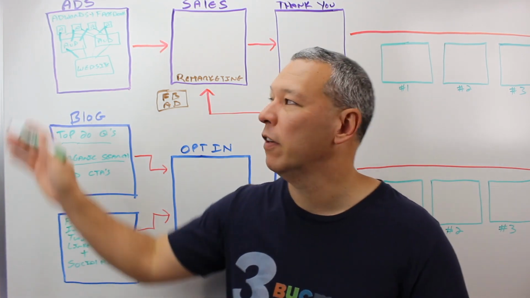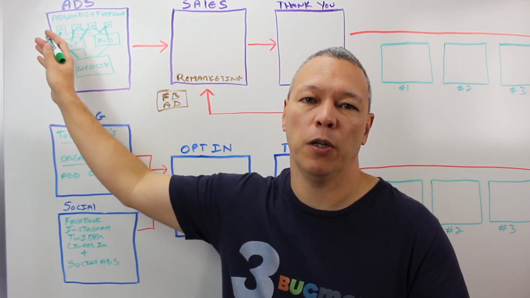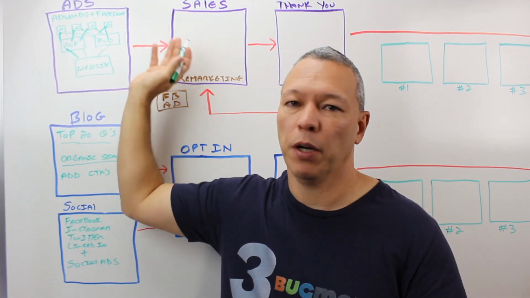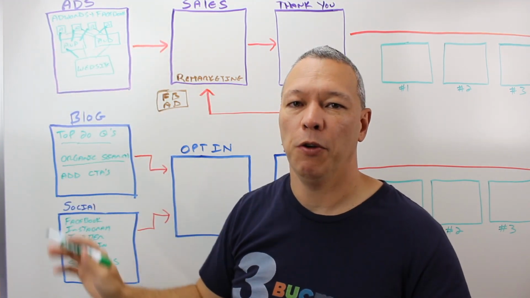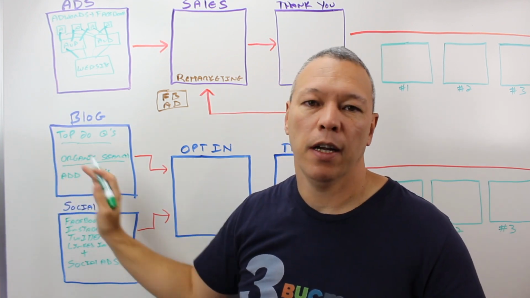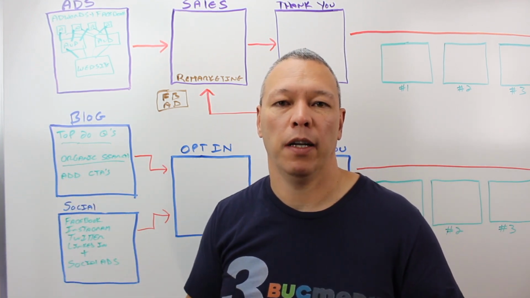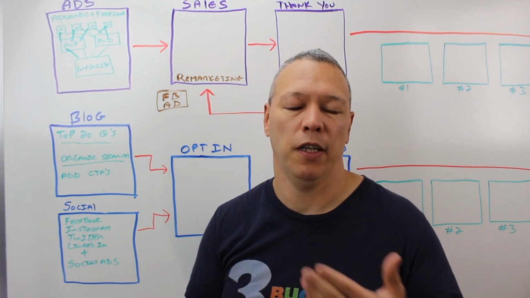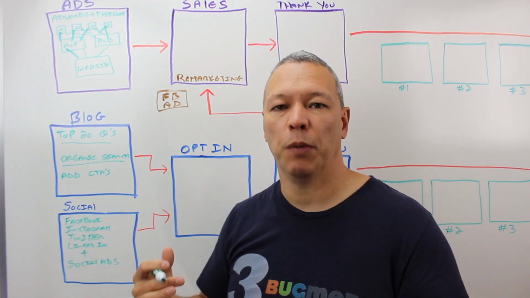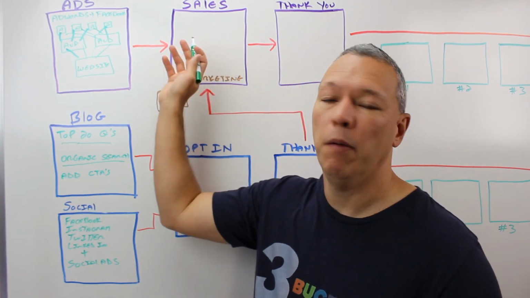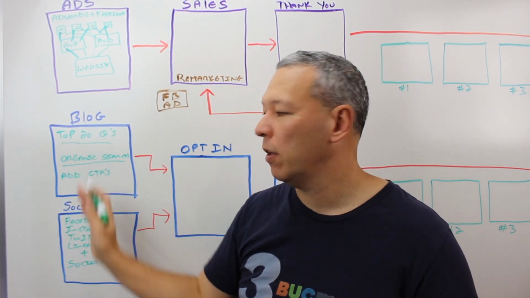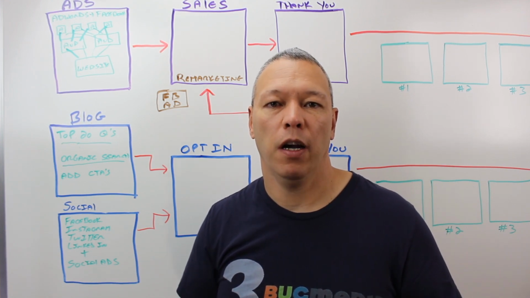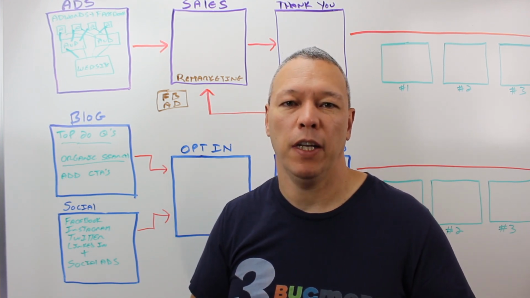So it works a little bit differently than, say, Google AdWords, where people are searching for a chiropractor and you just run an ad and bring them straight to your sales page. If you're a chiropractor creating content, you might create valuable content about the benefits of chiropractic and statistics and things like that, bring them to your website, and then eventually bring them to your sales page. So they work a little bit differently, but we're going to get into that later on in the course and starting in the next video.